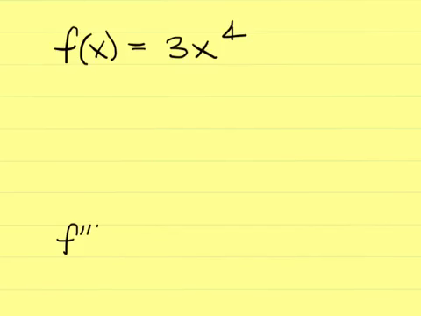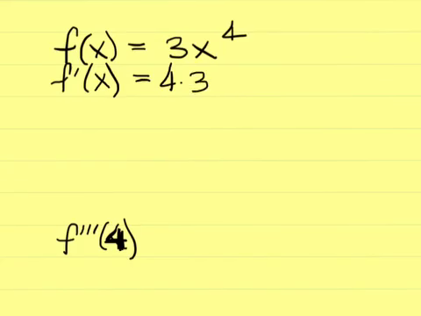The function is f of x equals 3x to the 4th power. And what you must do is evaluate the third derivative for the following amount. It's supposed to be a 4. The first derivative is 4 times 3, x to the 3rd, and then that'll be 12x to the 3rd.